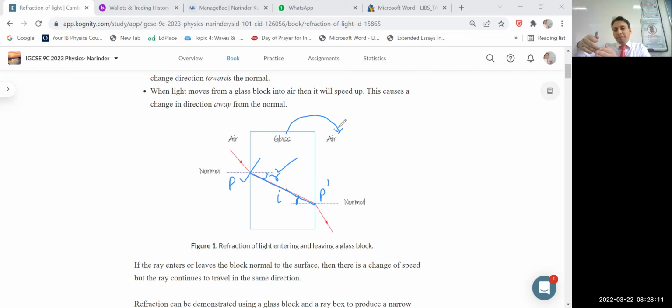It remains inside the glass with reduced velocity. Now it has reached point P prime, it strikes there at some angle, and then it will go out. Transparent materials transmit the light. So light will come out, but where will it go?